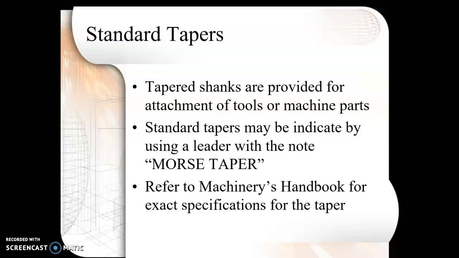There are standard taper sizes that can be found in reference manuals, such as a machinery handbook, such as a Morse taper. Morse tapers can frequently be found on the spindle of a lathe or drill press, and they are numbered, like a number 1 Morse taper, a number 2 Morse taper, and so you would need to look that up in the appropriate reference manual to find the exact dimensions.